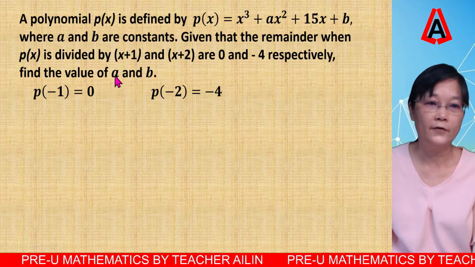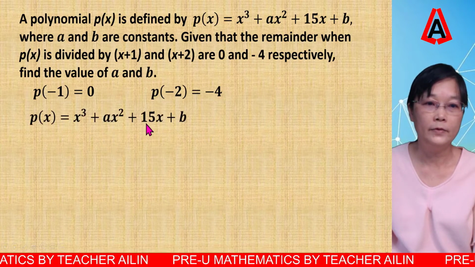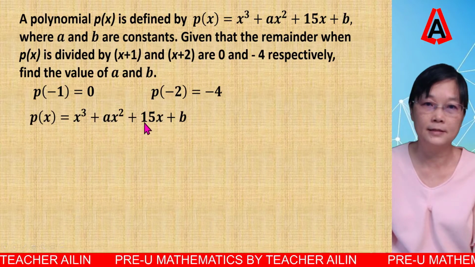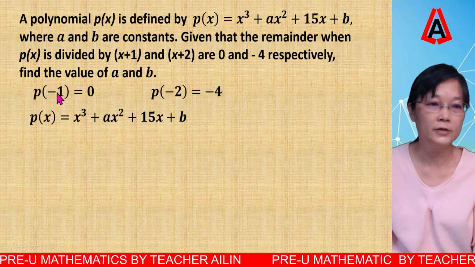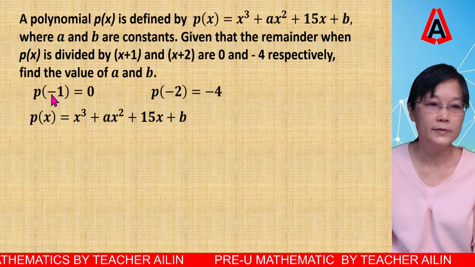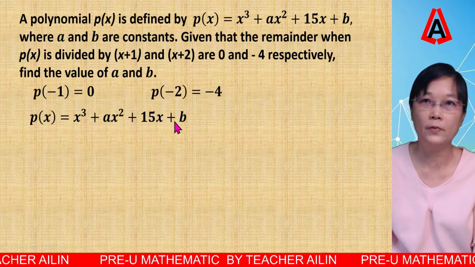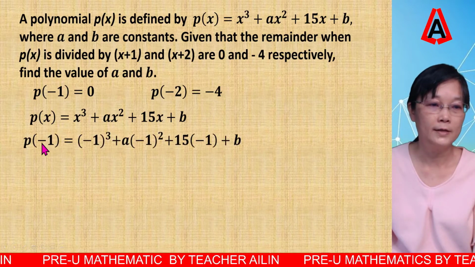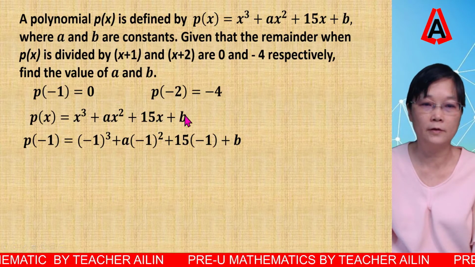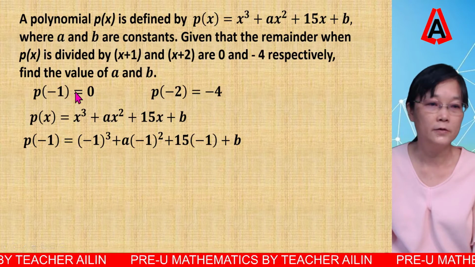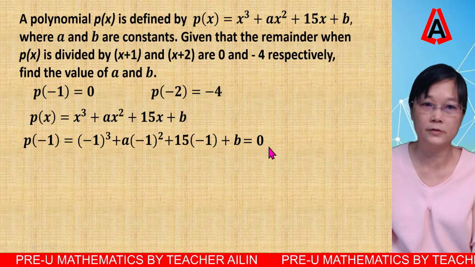We are going to find the values of a and b, which are constants in this polynomial. Based on the first piece of information, I substitute x with negative 1 into this polynomial. The value should be equal to 0, so I write down equals 0.